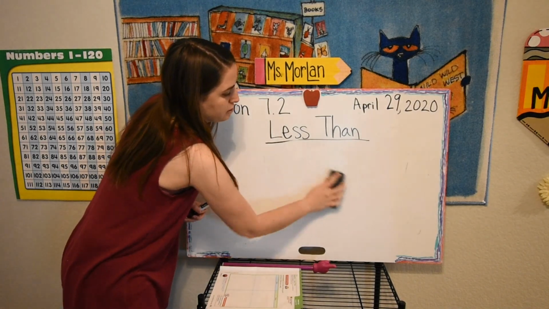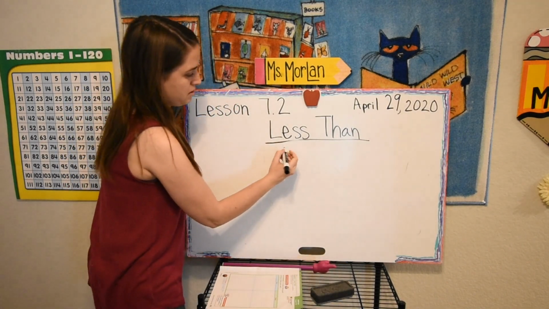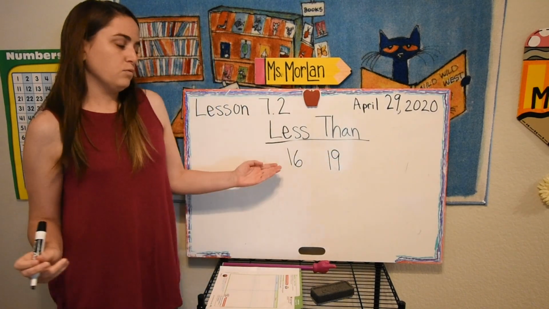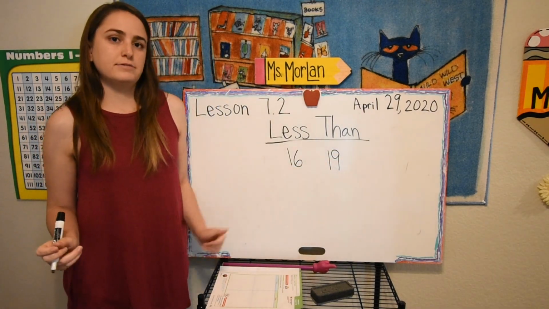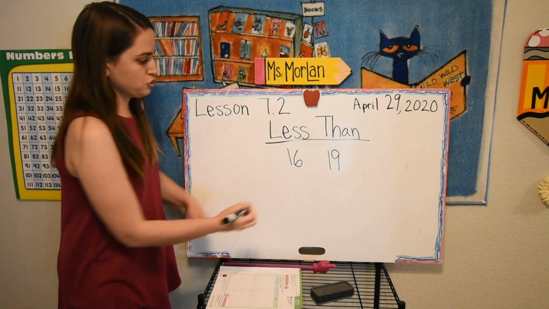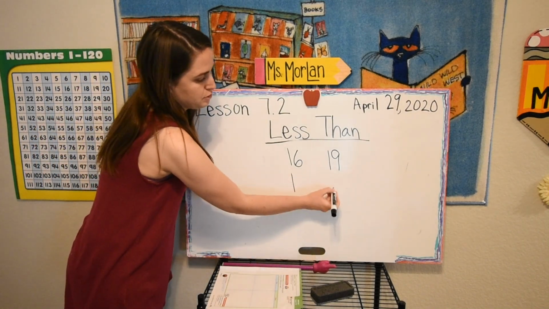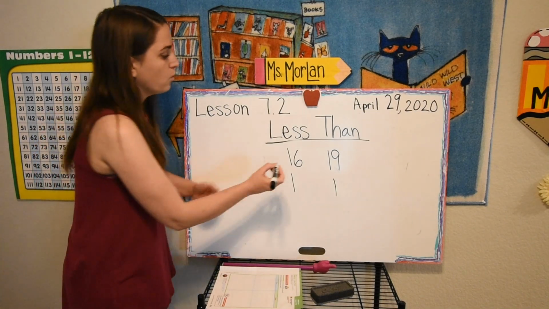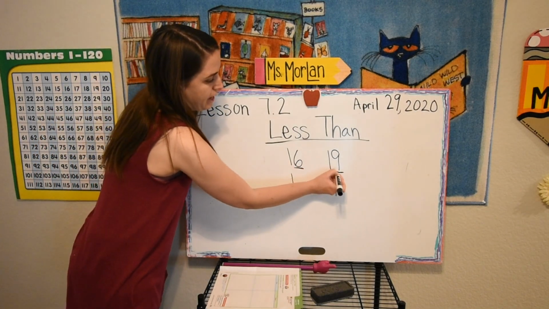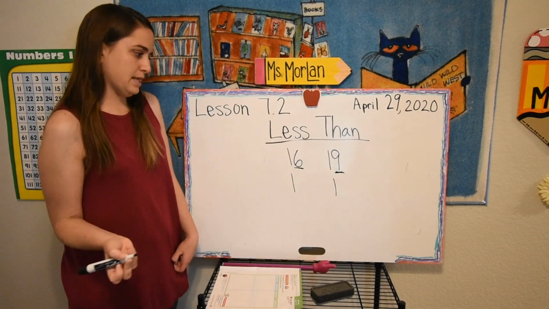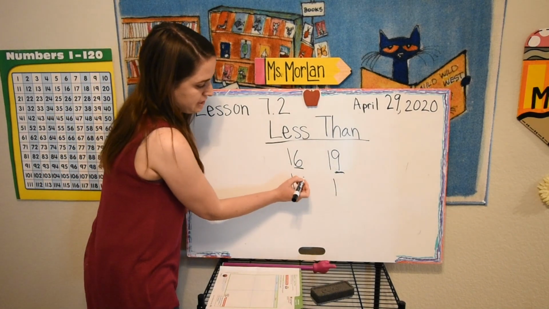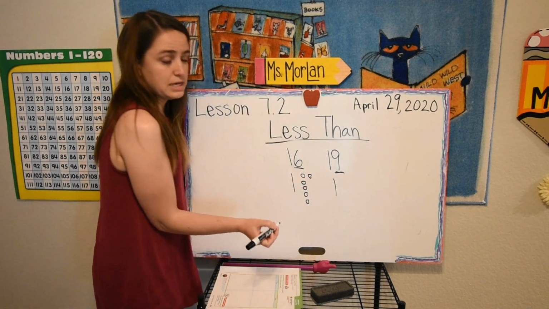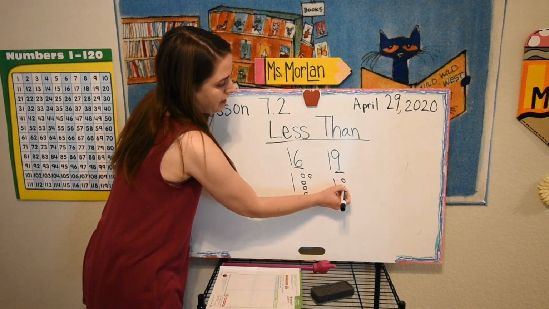Now I'm going to do one more example up here. What do we do if they have the same amount of tens, right? This picture shows 1 ten, this picture shows 1 ten. So now we need to look at the ones place and decide which one is less than. In 16, there are 6 ones. In 19, there are 9 ones.